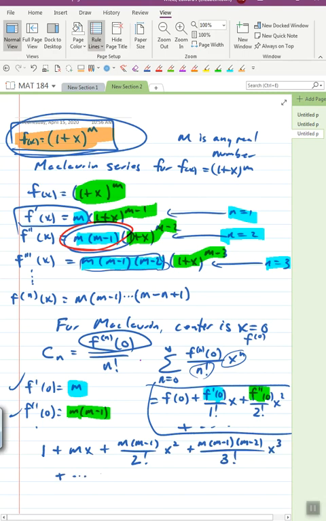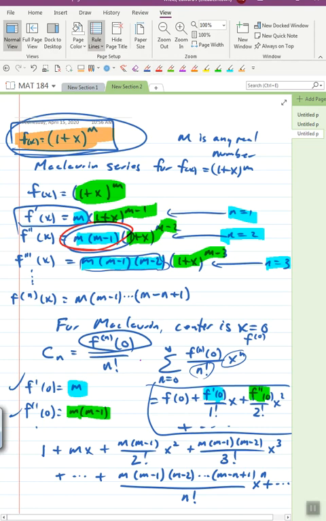Plus dot dot dot, what does the general nth term look like? It looks like m times m minus 1 times m minus 2 dot dot dot down to m minus n plus 1 over n factorial x to the n plus dot dot dot, because this is an infinite Taylor series.